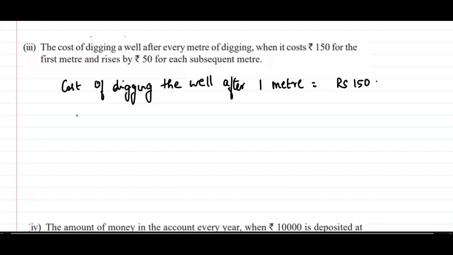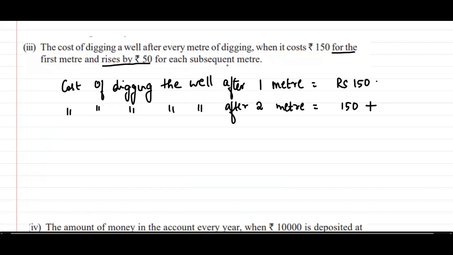Same again. Now, what is the cost of digging the well after 2 meters? Initially it's 150 rupees for the first meter, and it rises by rupees 50 for each subsequent meter. So for the second one, the value is going to be 50 rupees.